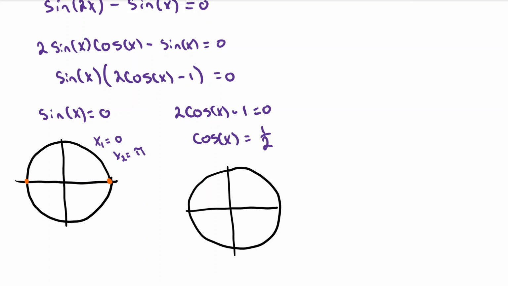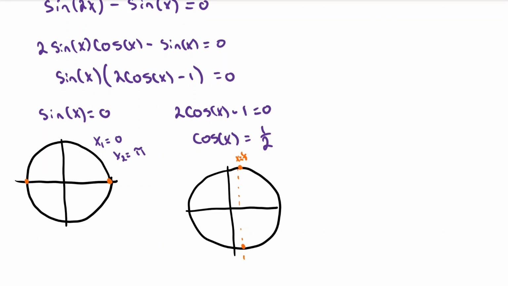So if I'm looking at what values are going to give me cosine of x is equal to 1/2, I know I'm going to get 2 solutions, because if you imagine a line right here that's like x equal 1/2, and this x is not the same x as in there, we would remember that these 2 angles between 0 and 2 pi are going to be an angle of pi over 3, that'll put me at the dot in the first quadrant, and then an angle of 5 pi over 3 that'll put me into the fourth quadrant.